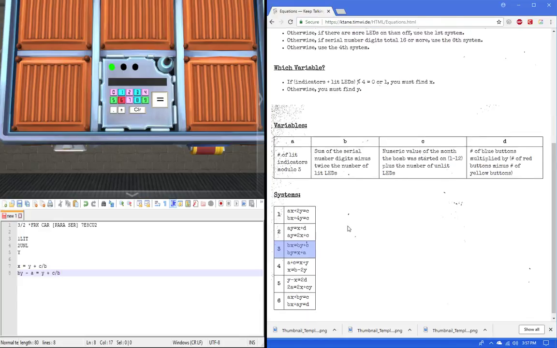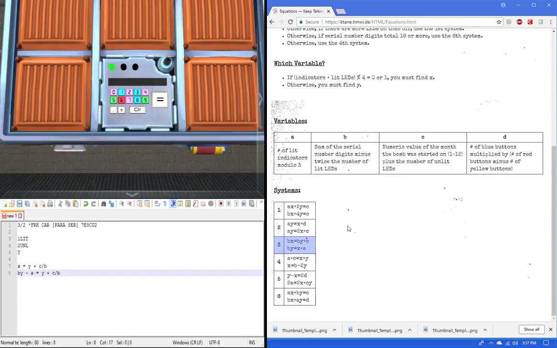So let's do some calculations here. B is the sum of the serial number digits minus twice the number of lit LEDs. So 7 plus 8 is 15, 17 minus 2 is 15. So B is 15, and this is being divided by 15 right here.